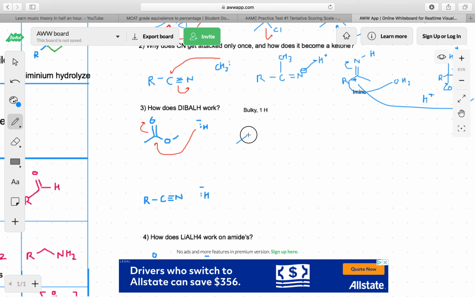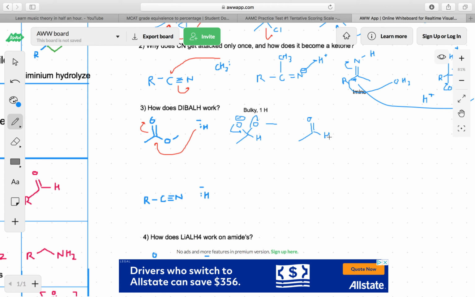And then you're going to get an O- up here, and you have this hydrogen you just put in. Remember, your ester can do addition elimination. So instead of just protonating, it can kick off this CH3OH. So it's going to do that, and what we're going to be left with is this.